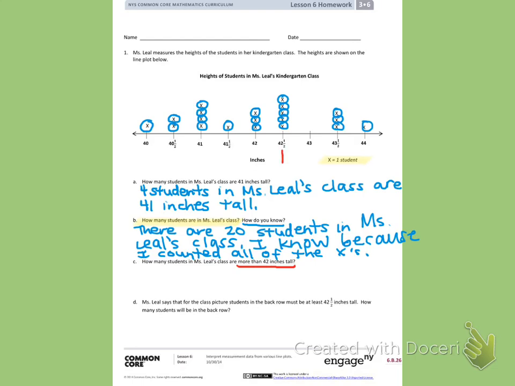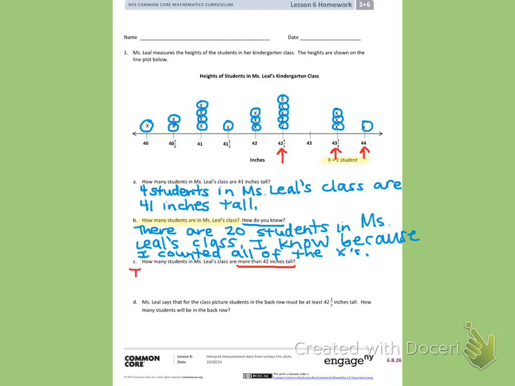So I would count the X's on the 42 and a half. There's nothing on 43. I would count the X's on 43 and a half. And I'd count the X on 44 in order to determine how many students are more than 42 inches tall.